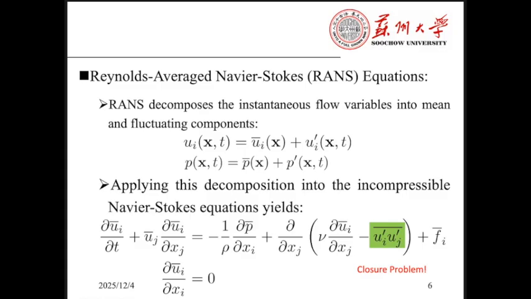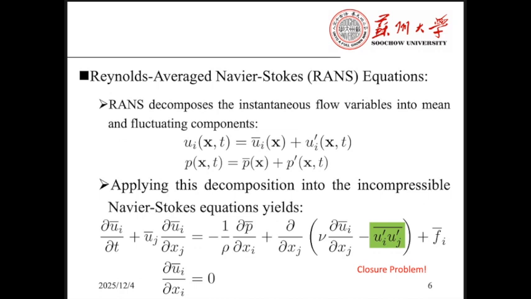To resolve the situation and to simulate turbulent flows, the Reynolds averaged Navier-Stokes equation was proposed. RANS decomposes the instantaneous flow variables into mean and fluctuating components.